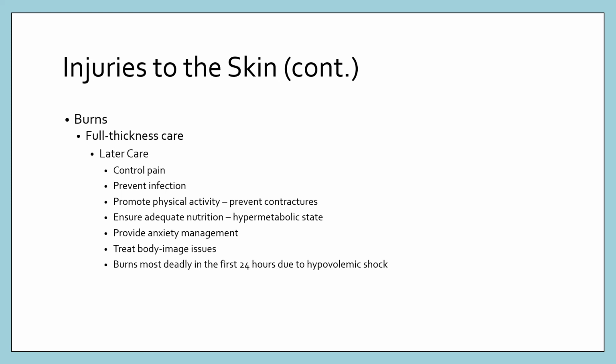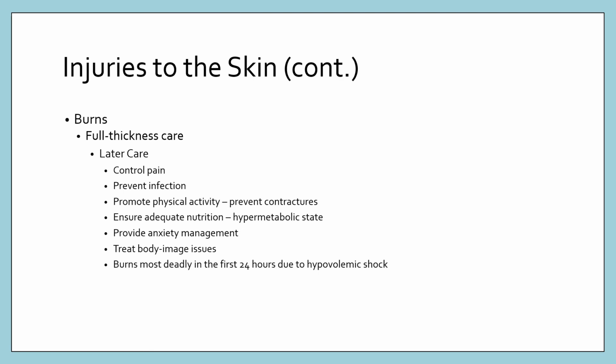So what can happen then is a contracture. And that's not good because you can lose a lot of your mobility in that affected area. And so the only way to prevent that is to do painful physical therapy on it continually. And that's hard for kids to do.